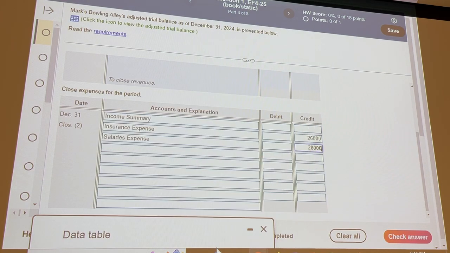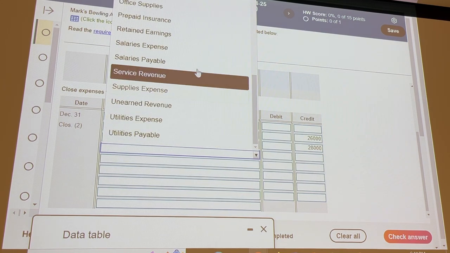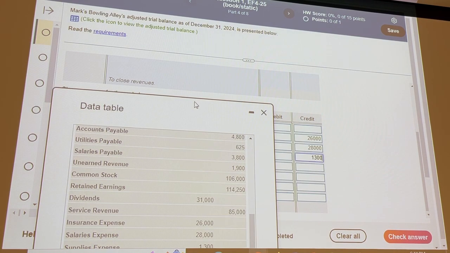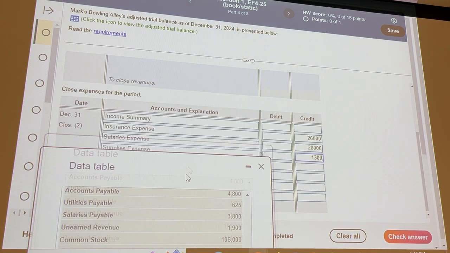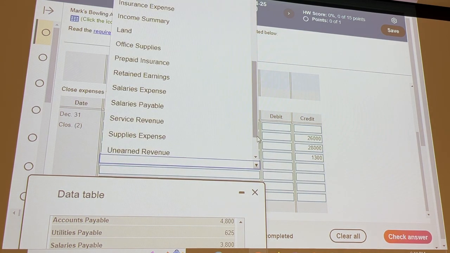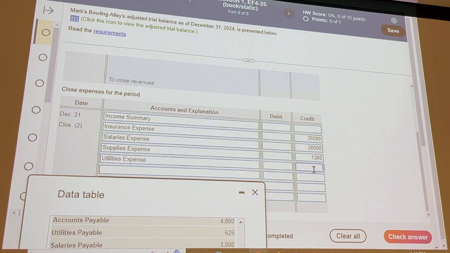And supplies expense, $1,300. And utilities expense, $15,000.